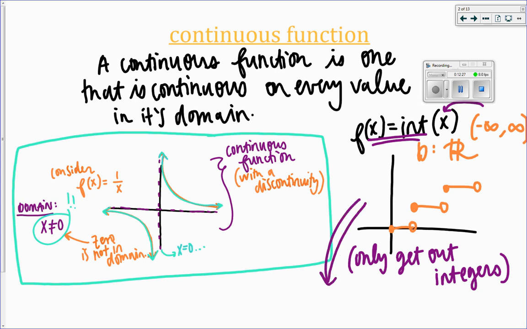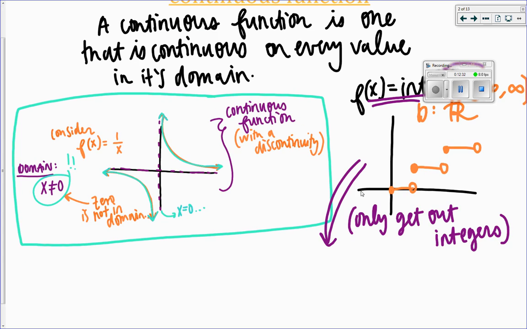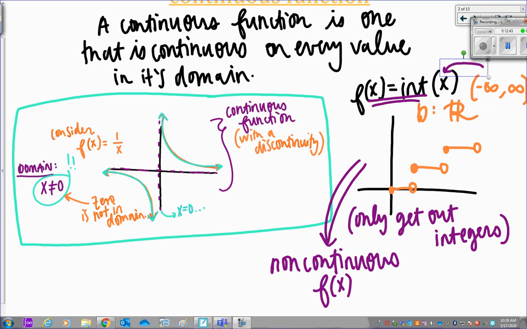I'm going to scroll down a little. This is an example of a non-continuous function because there are values in the domain that have issues, right? We have all these jumps here that are not a continuous function on its domain because we have all of these jumps.